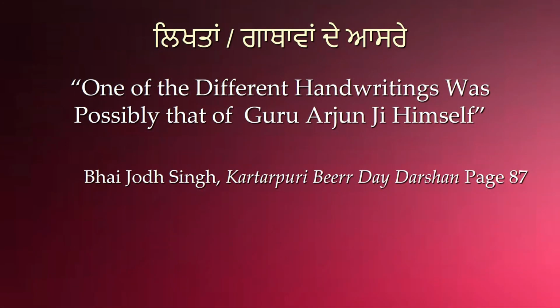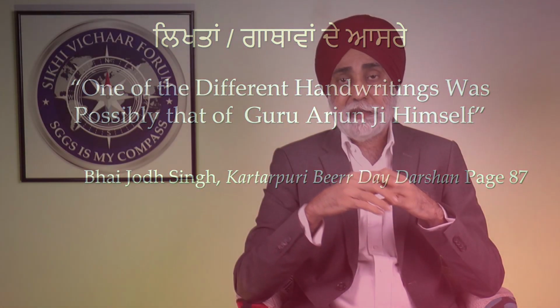When scholars such as Bhai Khan Singh Nabha, the writer of Mahan Kosh, took them on and pointed out that the Kartarpuri bead was written by 6 persons because it has 6 different handwritings, the reply from the Chief Khalsa Diwan Nirmala group was most ridiculous. Bhai Jodh Singh writes in his book Kartarpuri Bead De Darshan, while acknowledging that the handwritings of certain portions were indeed by different writers, that one of the handwritings was possibly of Guru Arjan Ji. He doesn't quite tell us how he figured that out.